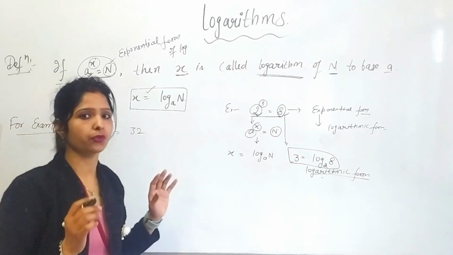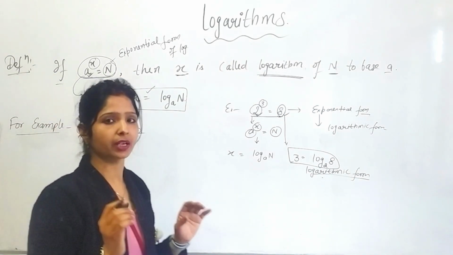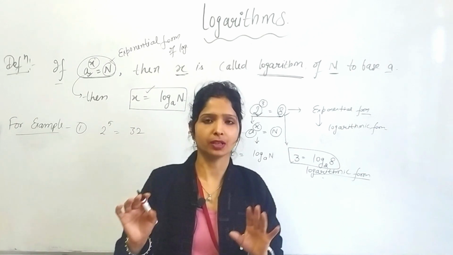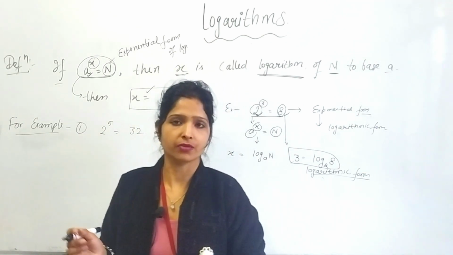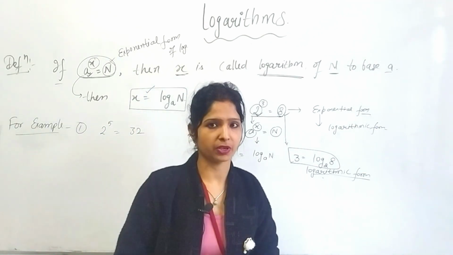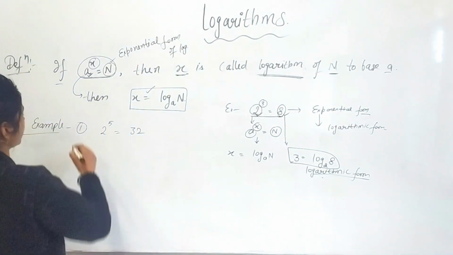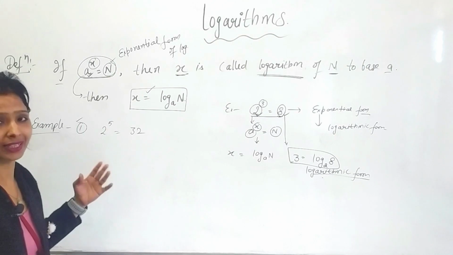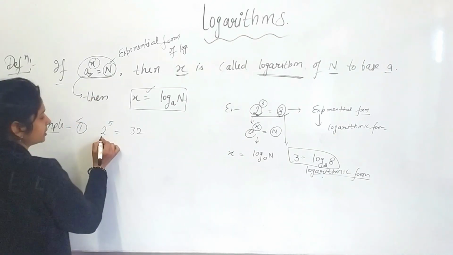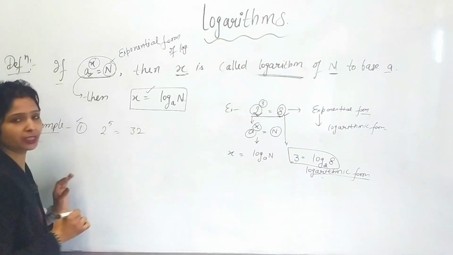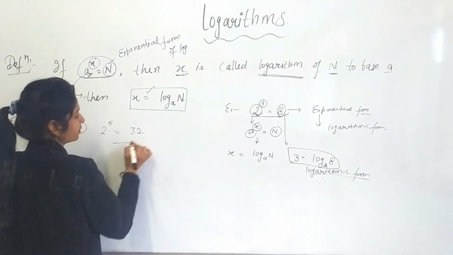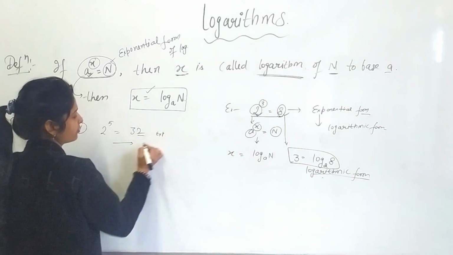This is the definition of logarithm, and how we can convert the exponential form into the logarithm form and the logarithm form into the exponential form to solve many examples. So let us do an example based on this. 2 raised to the power 5 is equal to 32. Here we have been given this in exponential form and we have to convert it into the logarithmic form.